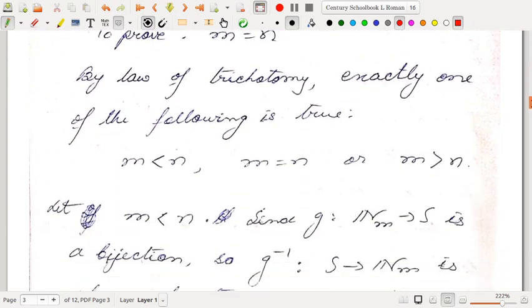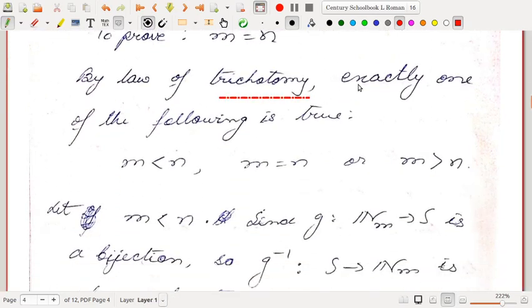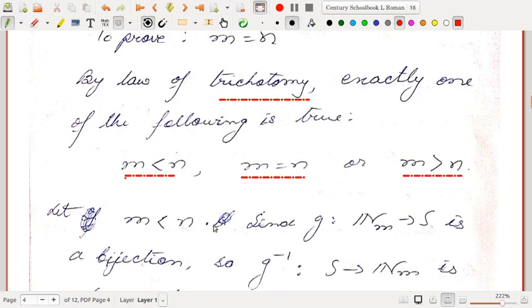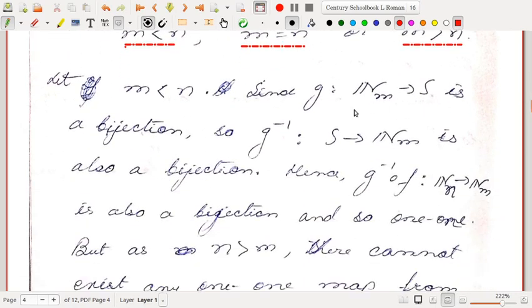By the law of trichotomy, which we had discussed, given any two real numbers, exactly one of the following is true: m is less than n, m is equal to n, or m is greater than n. So let m be less than n. Since G from N_m to S is a bijection, because we supposed that S has m elements also, G inverse is also a bijection.